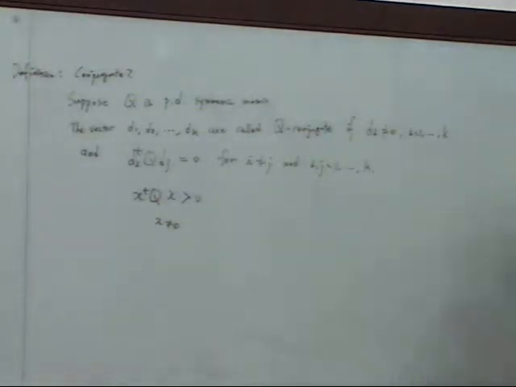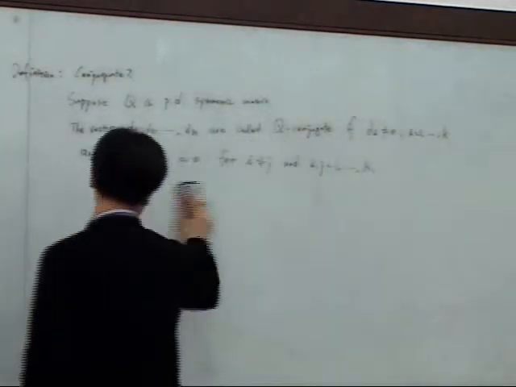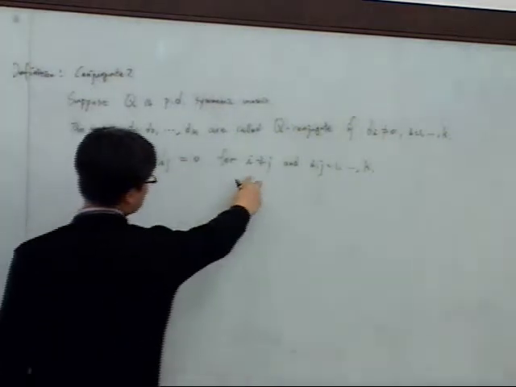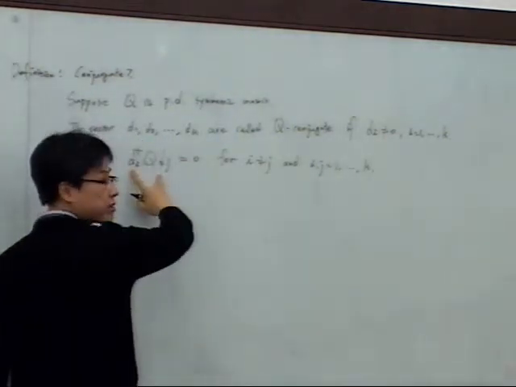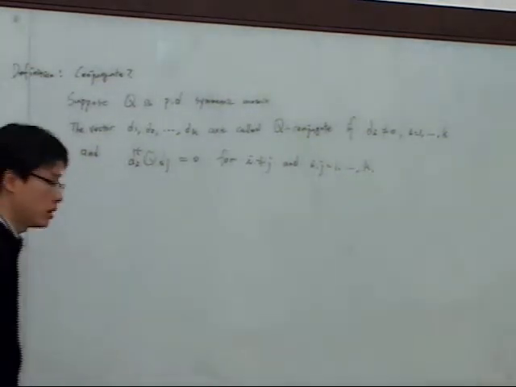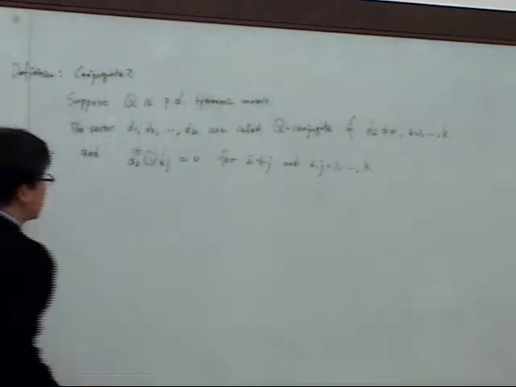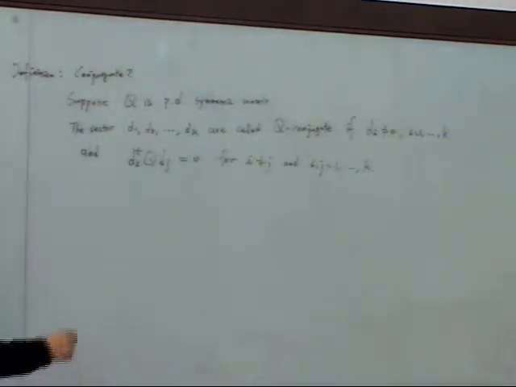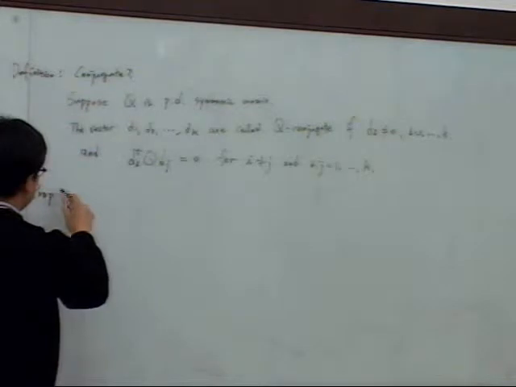But in this definition, the vectors are different: for different ei and ej, this form should be 0. Based on this, we can conjecture something. If you're familiar with linear algebra, do you know what linearly dependent and linearly independent vectors are?